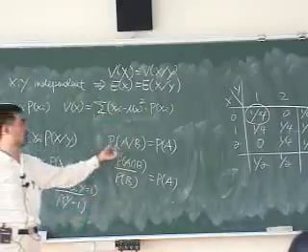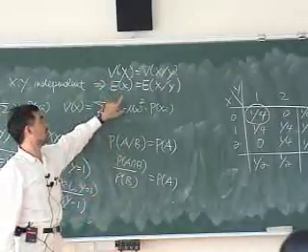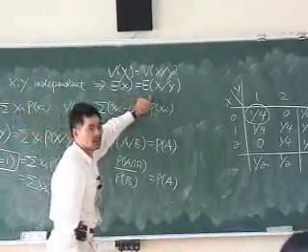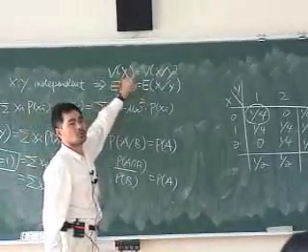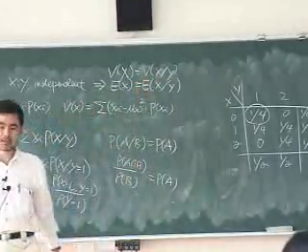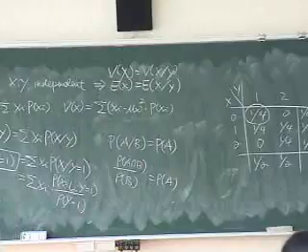If you know X and Y are independent, then the mean is equal to the conditional mean, and the variance is equal to the conditional variance. Okay, questions? Let us take a break.